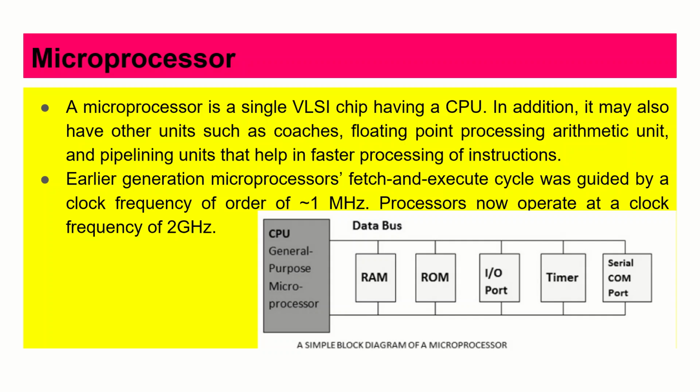Earlier the clock frequency was of the order of around 1 megahertz, but now with the advancement of technology, the clock frequency we have now is 2 gigahertz. This is the simple block diagram of a microprocessor.